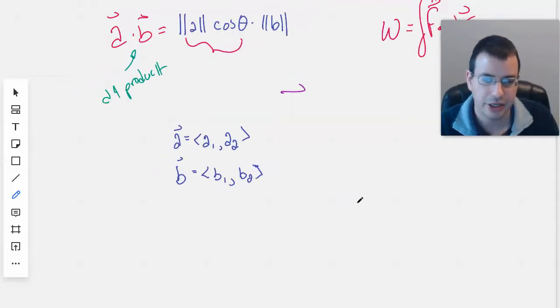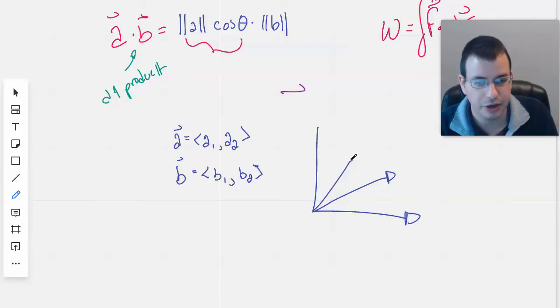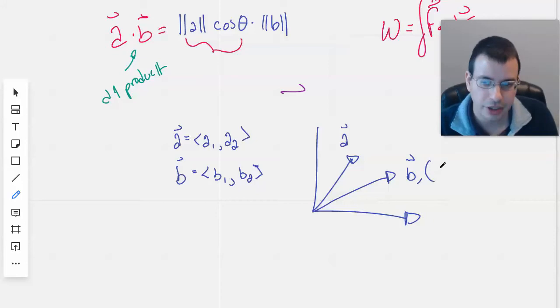And the idea here then is we have a coordinate plane. We have a vector like this, a vector like that. This is our A, and this is our B. B1, B2, and then similar for A.